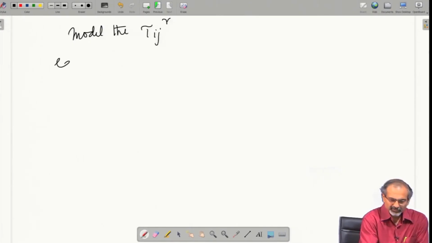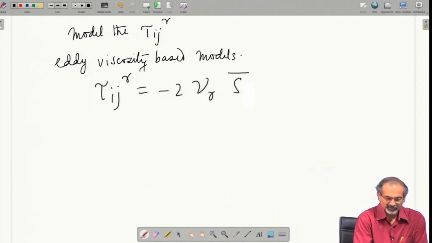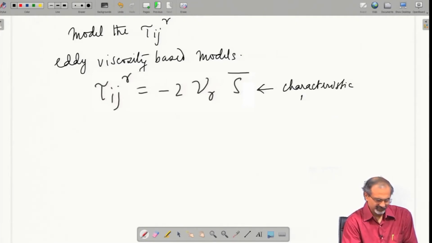So, usually we use eddy viscosity based models, which we have discussed in the context of the k-epsilon model, for example. And make use of a characteristic filtered rate of strain.